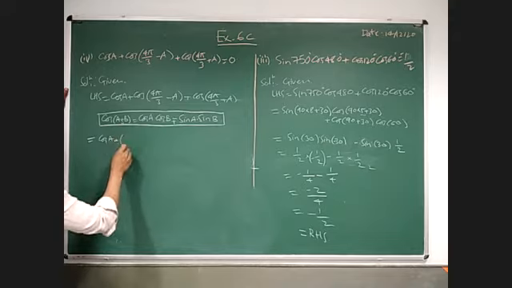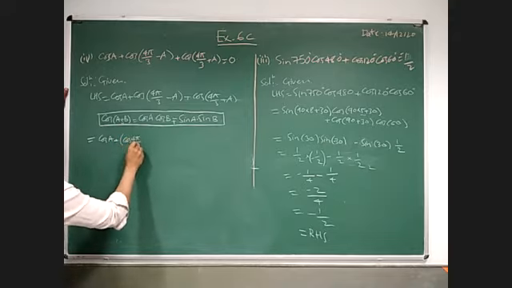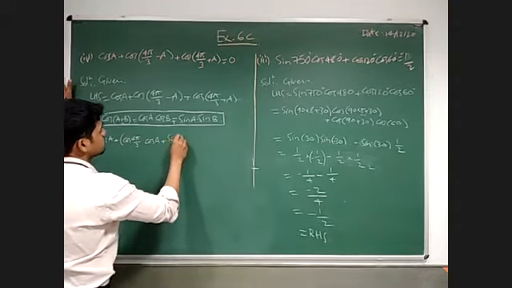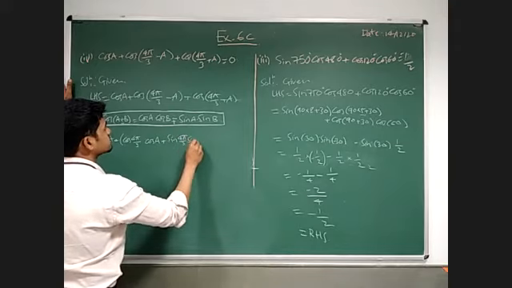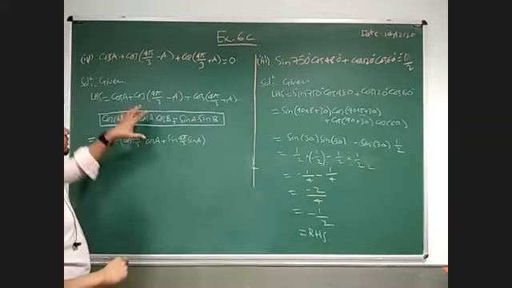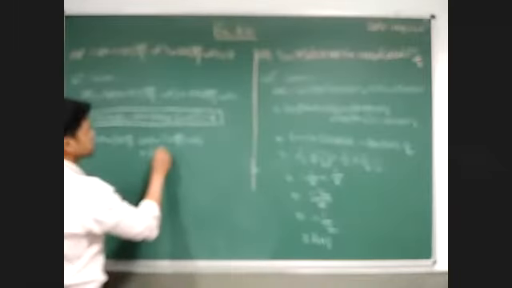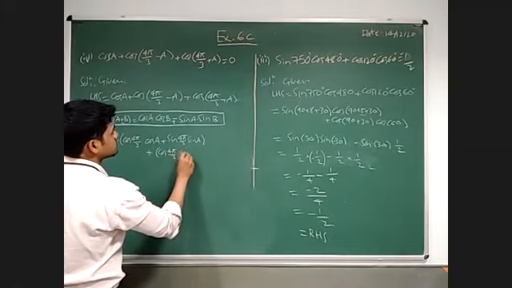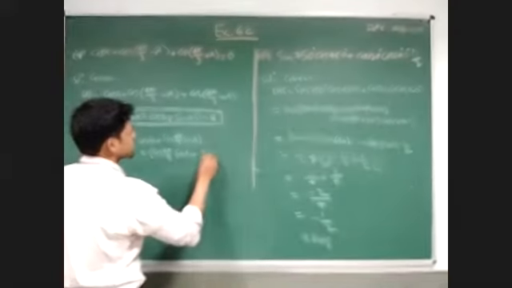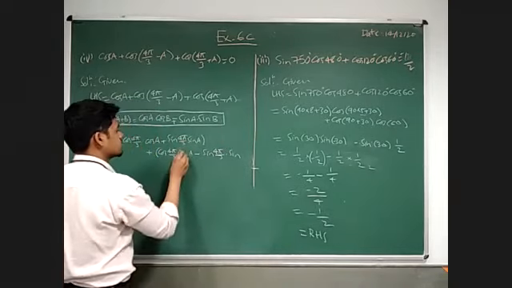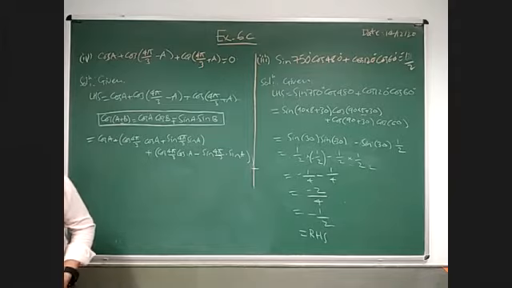Taking the bracket, cos 4 pi by 3 into cos A plus sine 4 pi by 3 into sine A. So I applied the first formula cos A minus B. Now again plus cos 4 pi by 3 into cos A minus sine 4 pi by 3 into sine A. Okay, just see, our question is correct now.